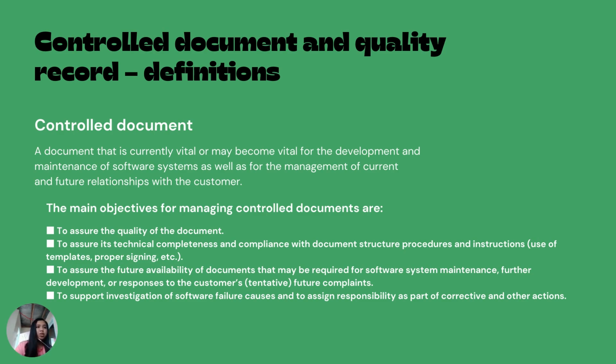The main objectives for managing control documents are to assure the quality of the document, to assure its technical completeness and compliance with document structure, procedures, and instructions, such as the use of templates, proper signing, etc. The third is to assure the future availability of documents that may be required for software system maintenance, further development, or responses to the customer's tentative future complaints. And lastly, to support investigation of software failure causes and to assign responsibility as part of corrective and other actions.